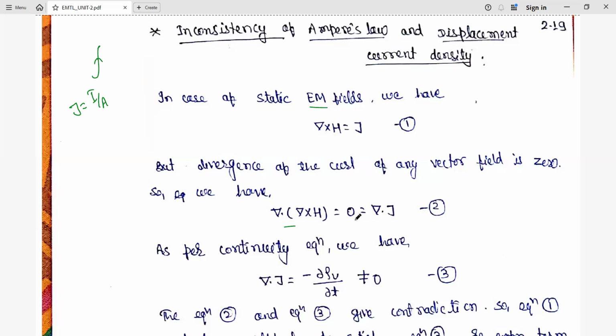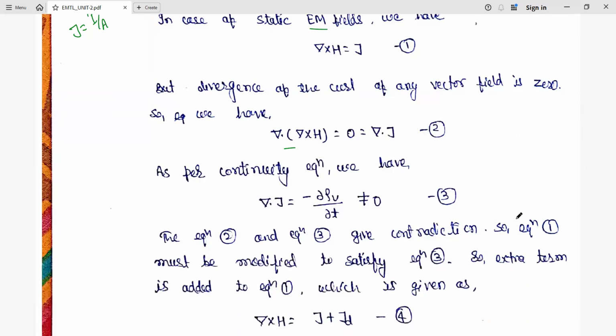As per the continuity equation, which we had earlier, del dot J equal to minus dou rho V by dou T. So how is it possible that del dot J will be equal to 0, since the charge density will not be 0 there?